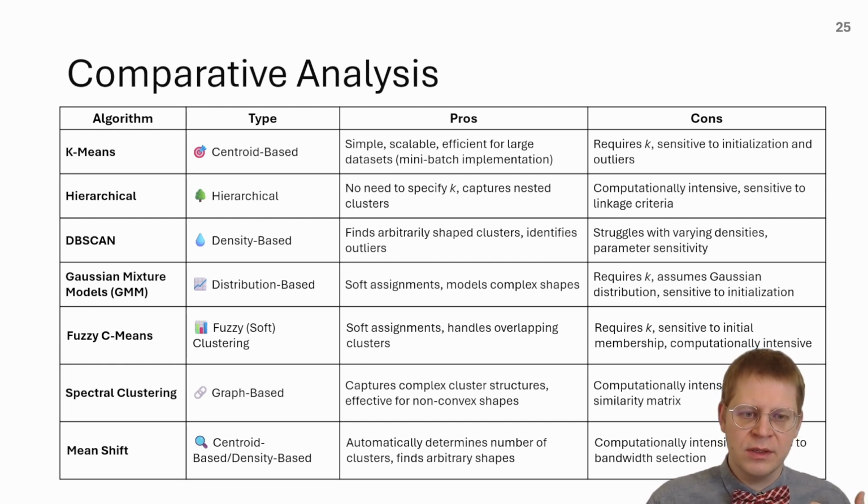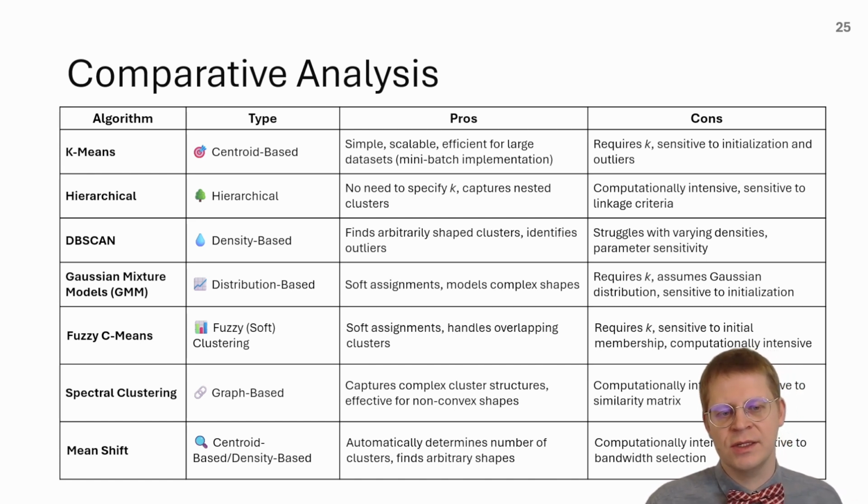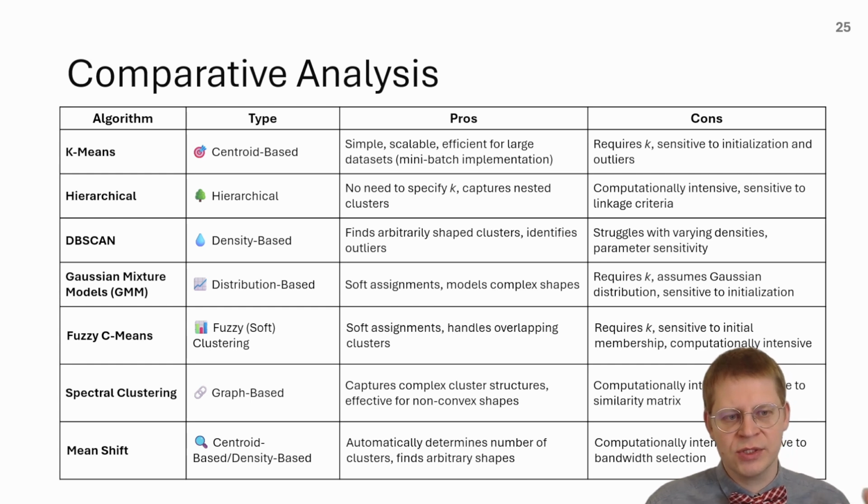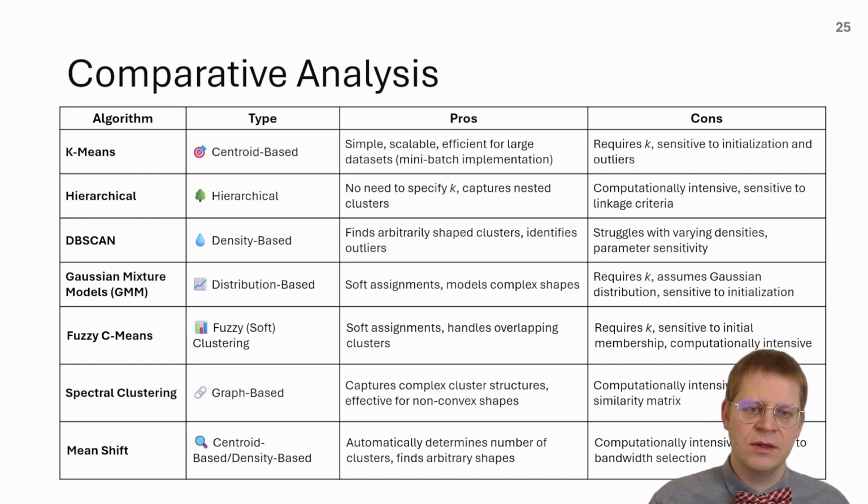Hierarchical does not need to predefine K. The dendrogram provides a clear visualization of nested clusters, making it suitable for exploratory analysis. On the other hand, it is computationally intensive, especially for large data sets. And it is good for small data sets where understanding hierarchical relationships is critical.